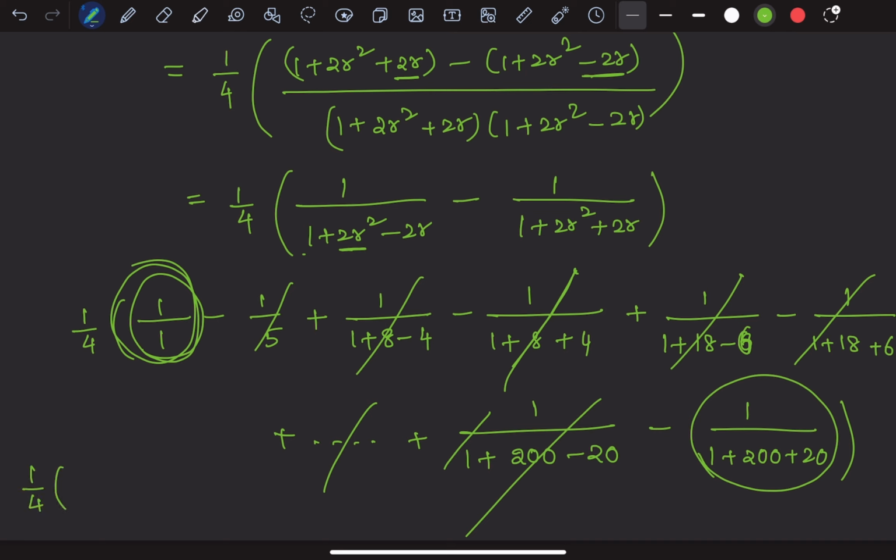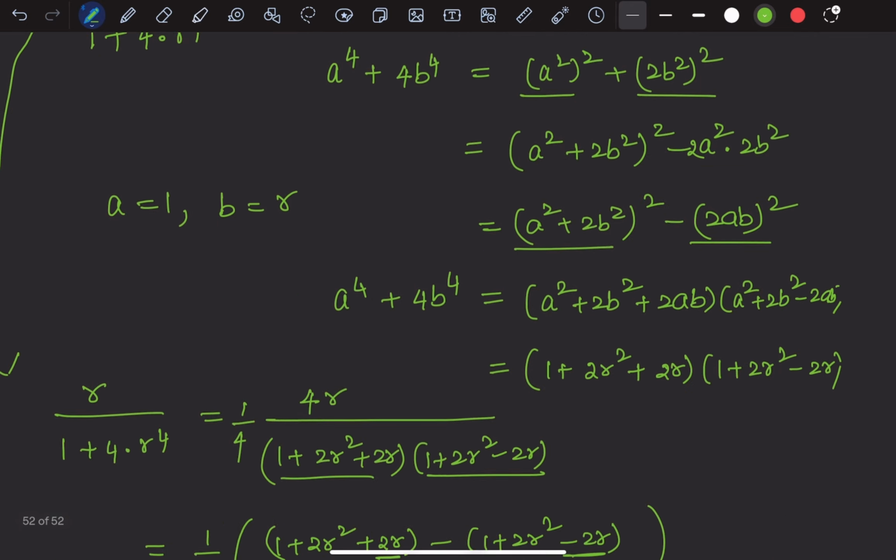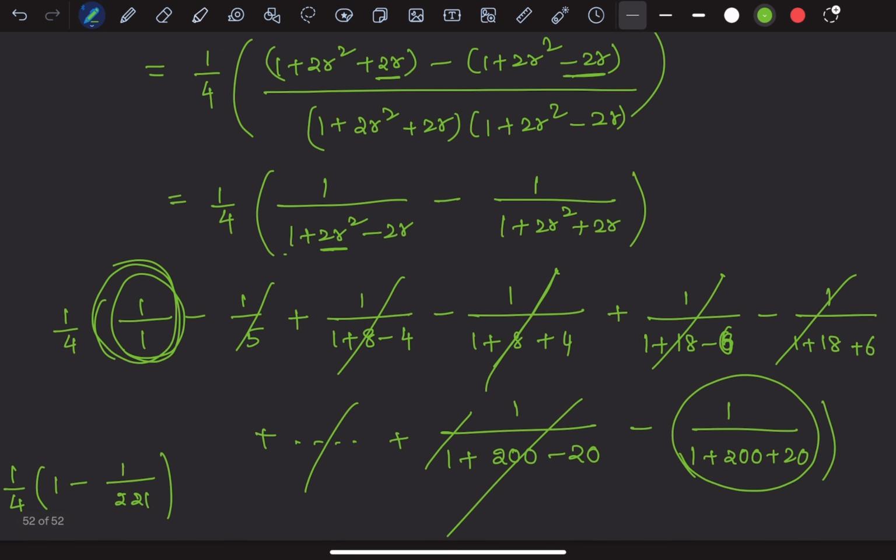So this is simply 1 by 4 times (1 minus 1 by 221). This can be written as 1 by 4 times 220 divided by 221. 4 ones, 4 fives are 20 and 4 fives. So that is simply 55 divided by 221. So this is your answer.